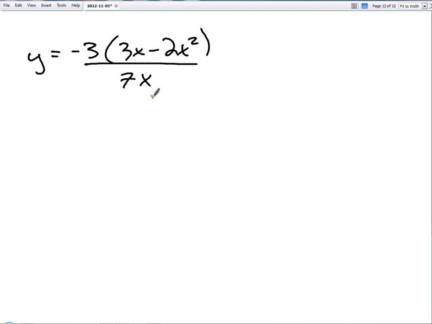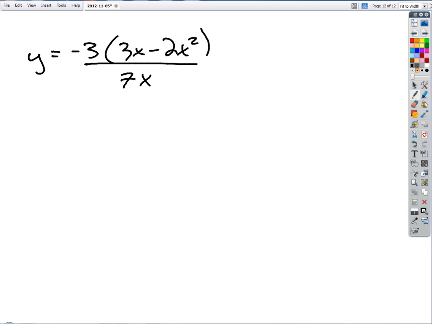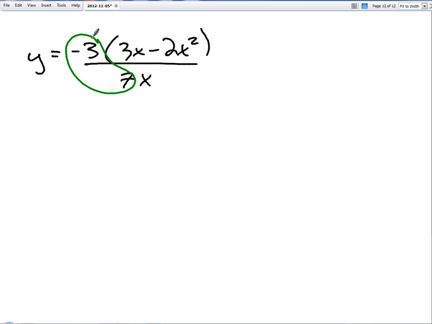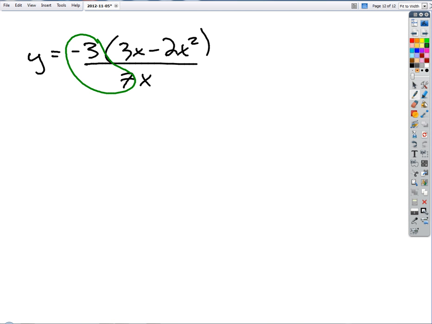Can anybody see a way we could weasel out of the quotient rule on this one? I think now we know the -3/7 we can just pull out front. That's a constant, right? Now we could factor an x out of the top. Good, we could do that. Oh, and they cancel. Now let me see if I can foil you on that one. I'm going to change it a little bit. So we can factor an x out of the top and cancel, but let me change it so we can't. And I'm going to claim we can still avoid the quotient rule.